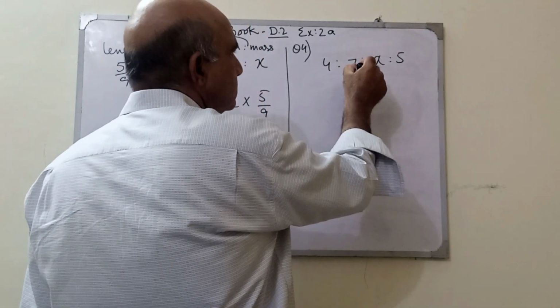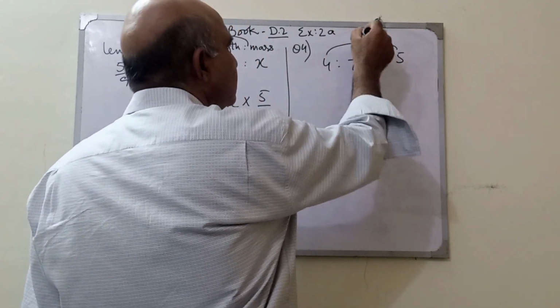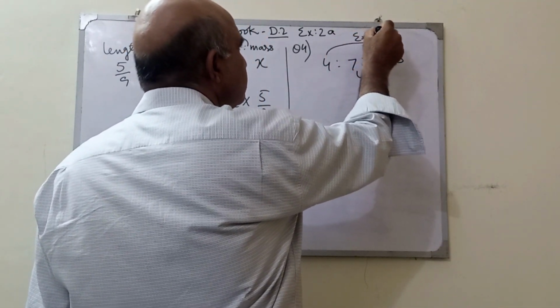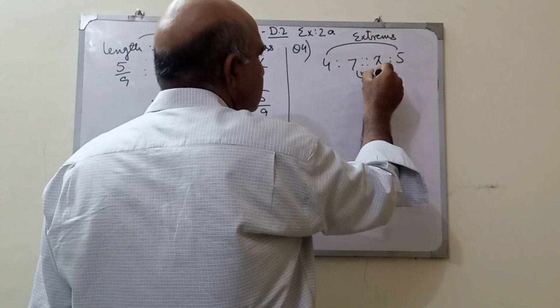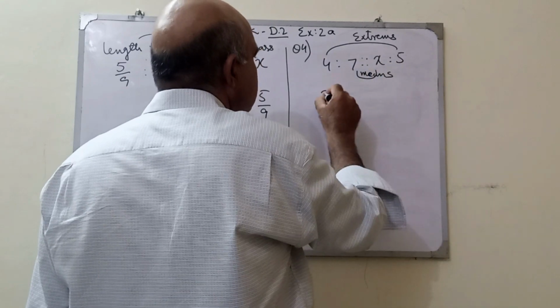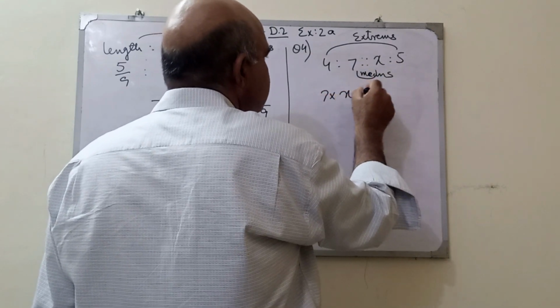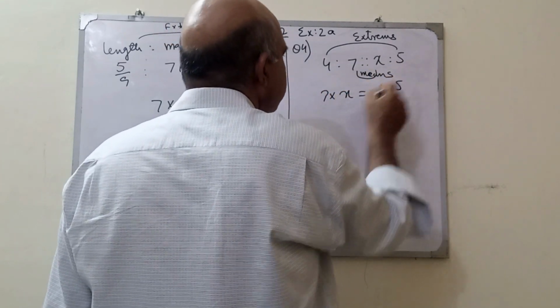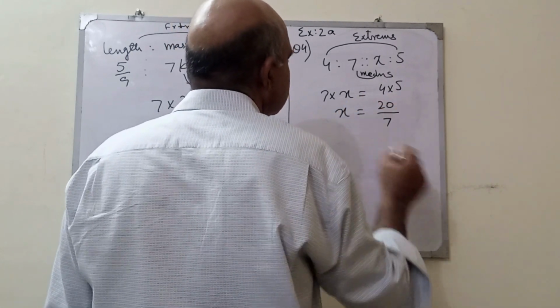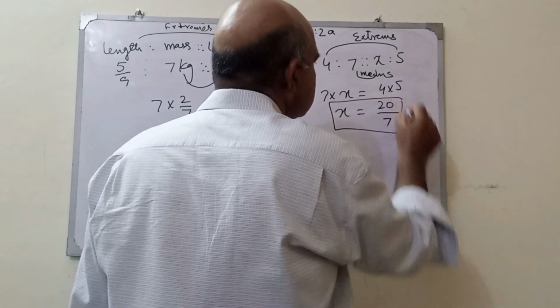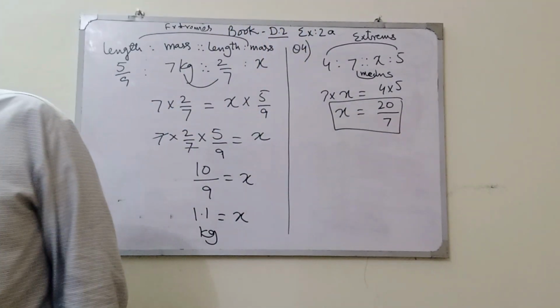So here we'll apply the same formula, means and extremes. 7 into x, 4 into 5, so x is 20/7. So this is the value of x.